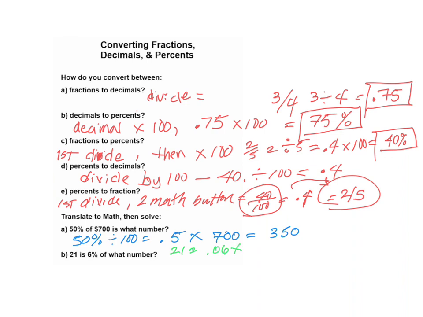And as you remember, when you get all your numbers on one side and all your letters on the other, you just divide by whatever's in front of the letter to get the correct number. In this case, 0.06. And 21 divided by 0.06 is 350. 350 equals x.